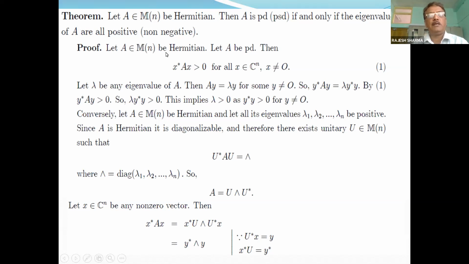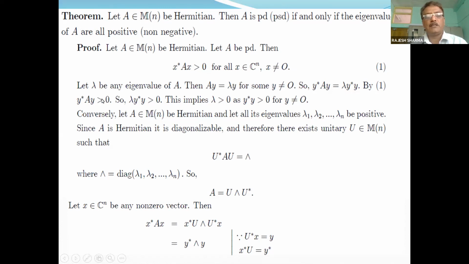Let A belonging to Mn be Hermitian. If A is positive definite, then x star Ax is greater than 0. And we can choose x to be an eigenvector, so take x to be y, where y is an eigenvector corresponding to lambda. Then y star A y is lambda y star y.